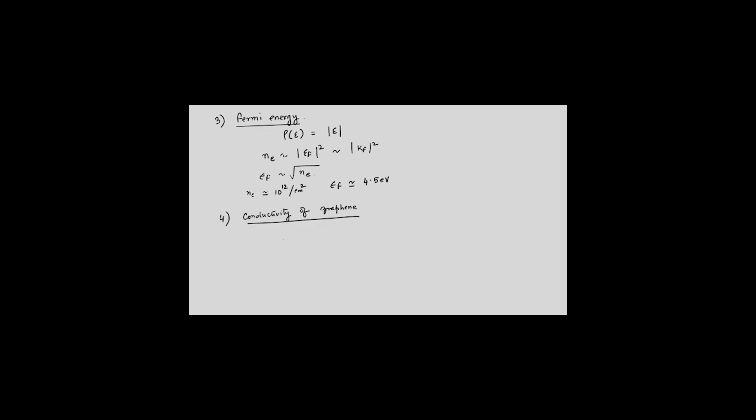The conductivity can be obtained from the Drude formula, sigma equal to Ne e mu, where Ne is the electron density, e is the electronic charge, and mu is the mobility, which is known to be very high for graphene. So mu can be defined using the relaxation time, which is equal to e tau over mf, where mf is the mass of the carriers at the Fermi energy.